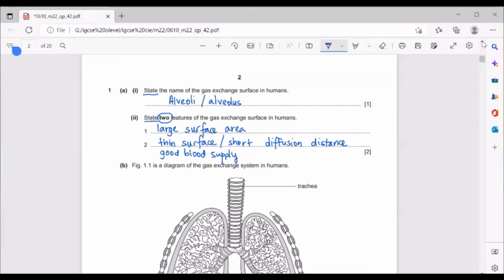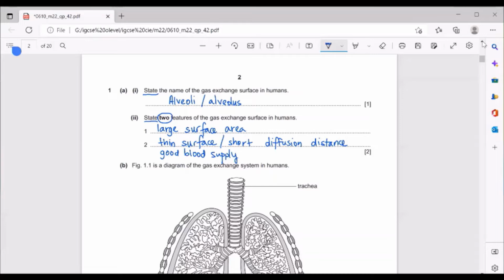So once oxygen diffuses into blood, this oxygen will be carried away by the blood to other parts of the body. This ensures that there is always a lower concentration or lower partial pressure of oxygen in the blood compared to the alveoli. So this will ensure that there is always a steep concentration gradient between the alveoli and the blood.